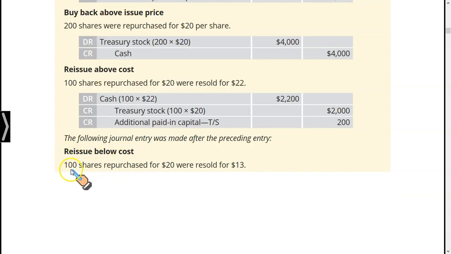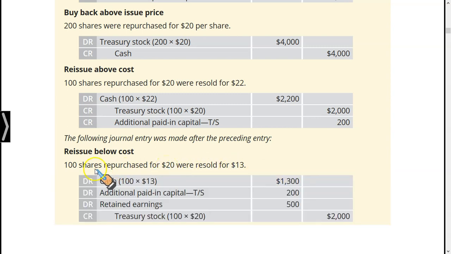Reissue below cost. 100 shares repurchased for 20 were sold for 13. Remember, we purchased at 20, now we are reselling them at 13. That is clearly below the cost. Now we will debit cash, 100 times 13, $1,300. See, there is a problem now because we issued originally at 15 and we are selling them not only below our cost but even below the original issue price of $15.